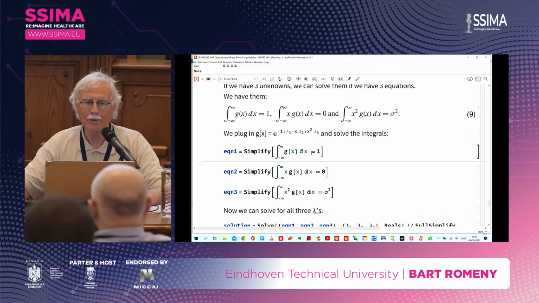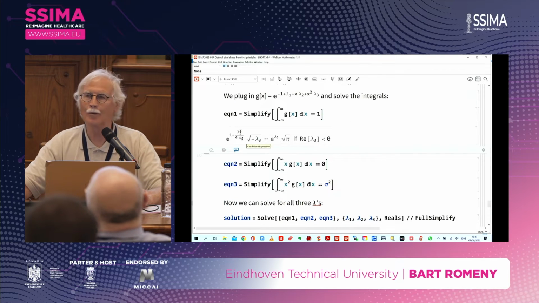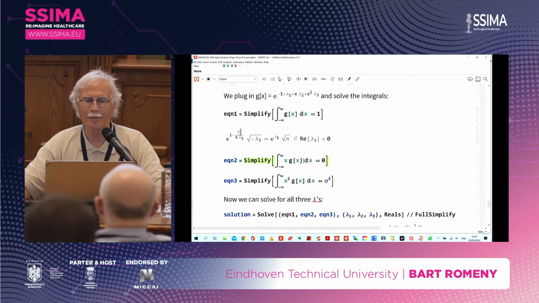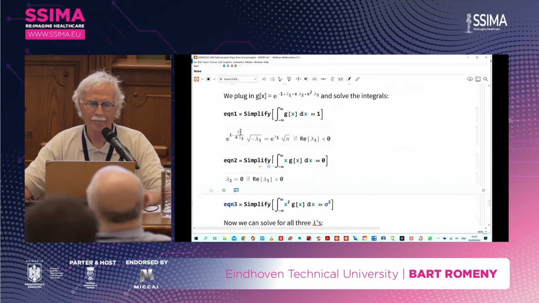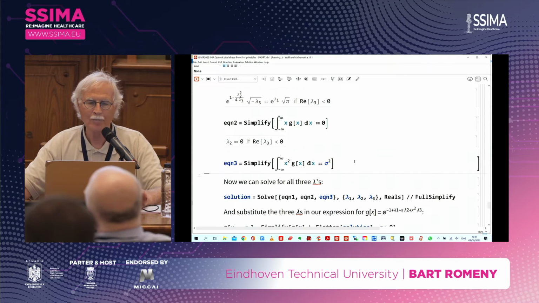So it is now putting this exponential function in there, chunk, chunk, chunk, and calculating, my goodness, something very complicated. I do this for x times this exponential function and put it to 0. Let Mathematica crunch. And now I get equation 2. And all this is real time. And you see it is very nice. Lambda 2 is 2. And now let's calculate the third equation.